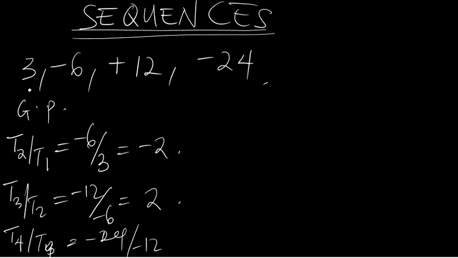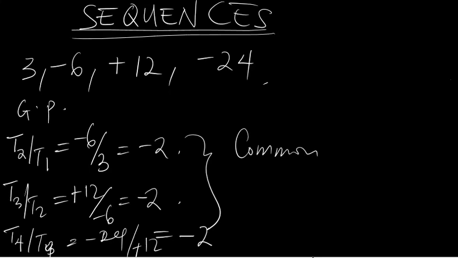So the terms should be plus 12, minus 2. So you see, it has a common ratio which is equal to minus 2.